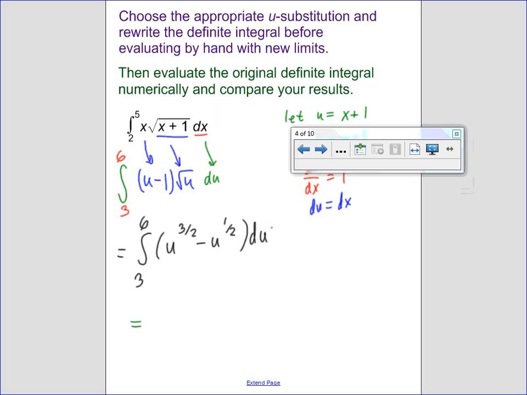And so here we go. Term by term, u to the 3 halves will integrate to 2/5 u to the 5 halves, minus u to the 1 half will integrate to 2/3 u to the 3 halves, and we'll evaluate that from lower limit to upper limit.